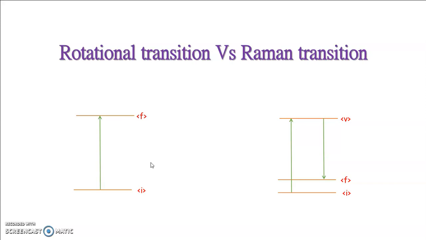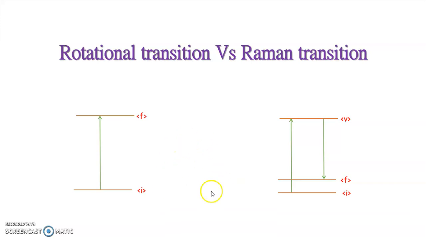So in this case, the probability is proportional to the product of these two transitions. That is, the transition probability of a Raman transition is different from a normal spectroscopic process. As this probability determines the selection rule, the selection rule for Raman transition will be different from the corresponding absorption transition.